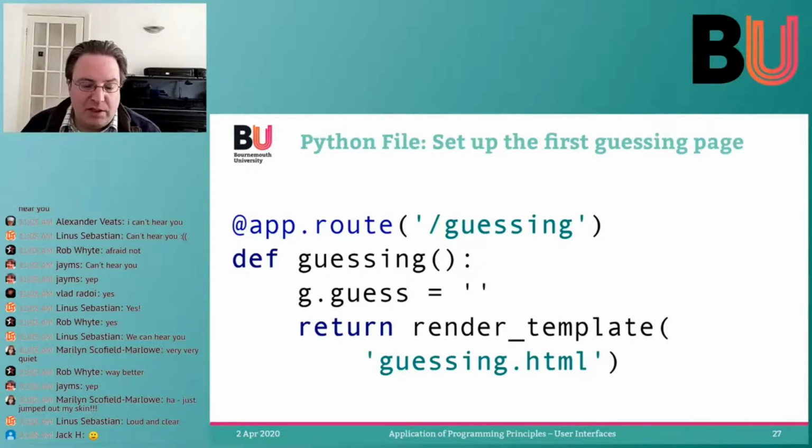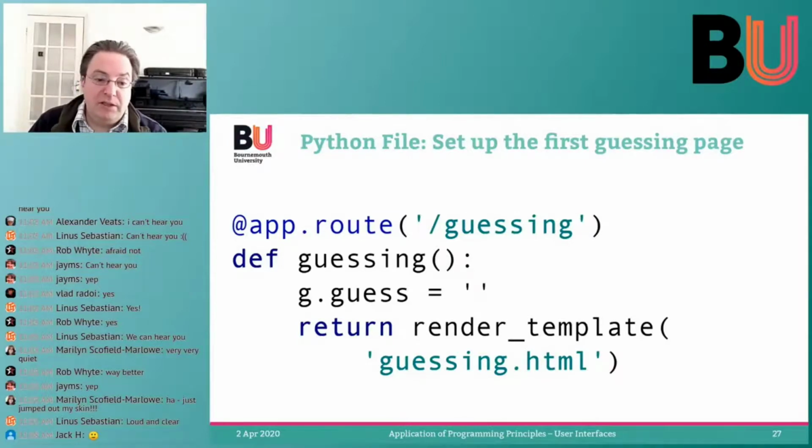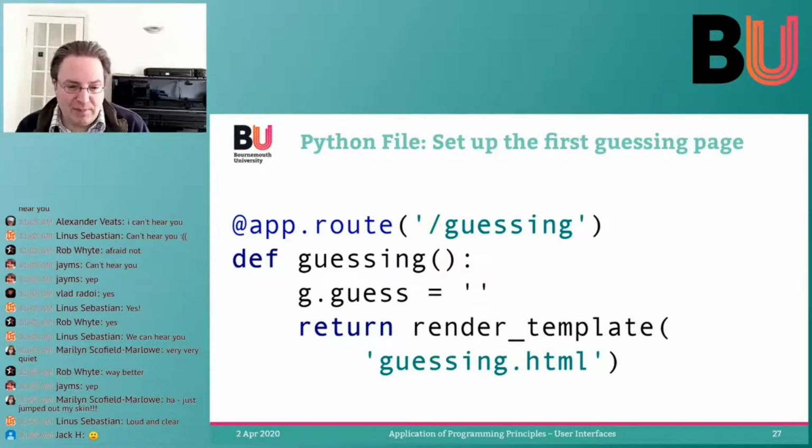So in this particular thing, what we see here in this function is that we have a global state. So we have this G, and then in that G we have this guess attribute that we set to empty. So we say, okay, before guessing we don't have a guess. And then we do this render template.